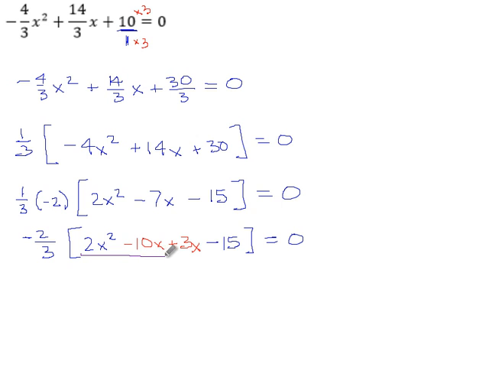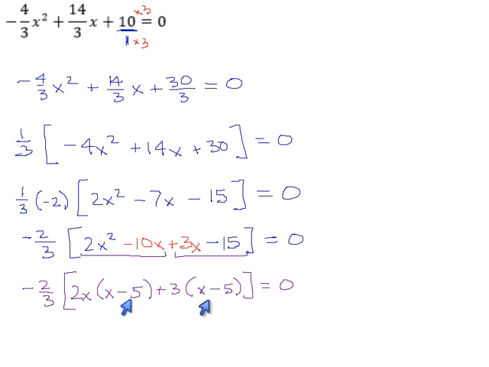And if you're doing decomposition, what you do next is factor this by grouping. So we'll factor what we can out of those two terms, factor what we can out of these two terms. And if things go well, we'll get a common factor out of that. From the first two terms, I can take out a 2x, which leaves me with x minus 5. From the next two terms, I can take out 3, which leaves me with x minus 5, and all that equals 0. Here's our common factor.